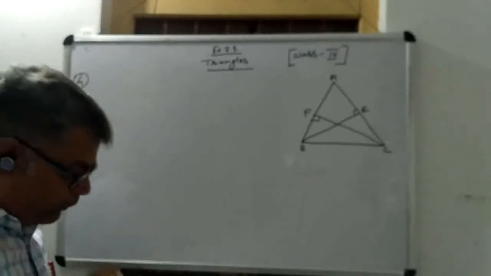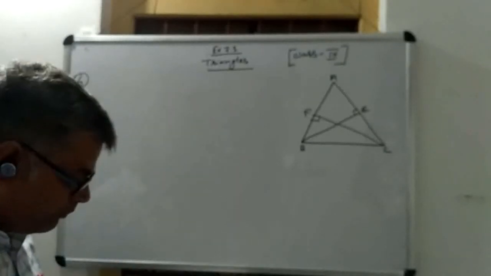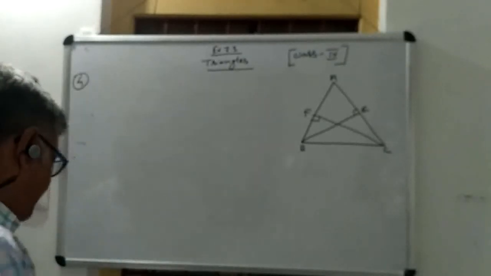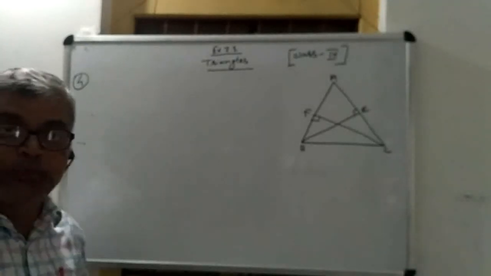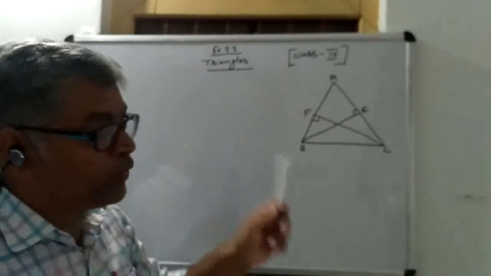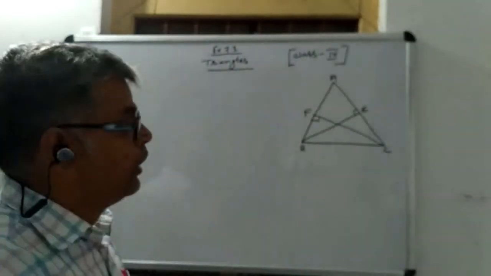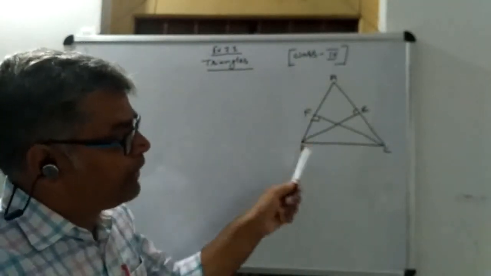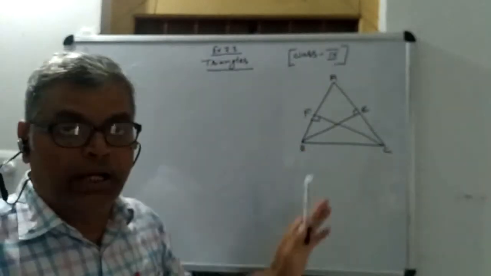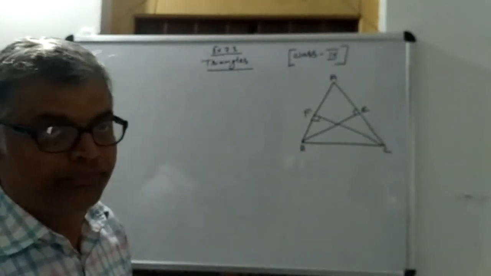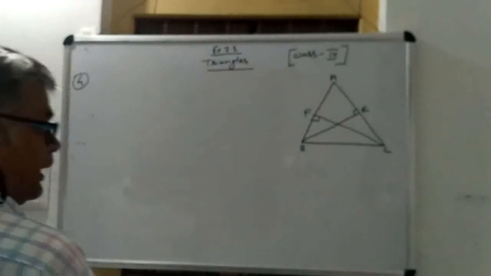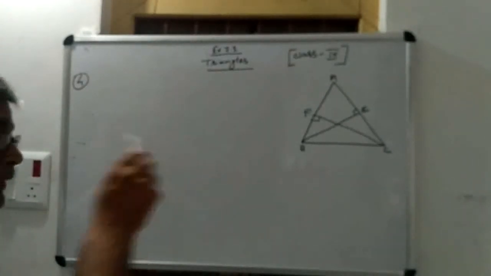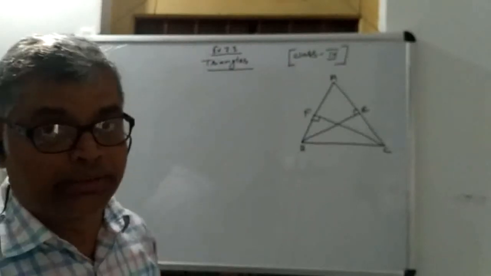Now you have to prove by the RHS rule of congruency that this triangle ABC is isosceles.